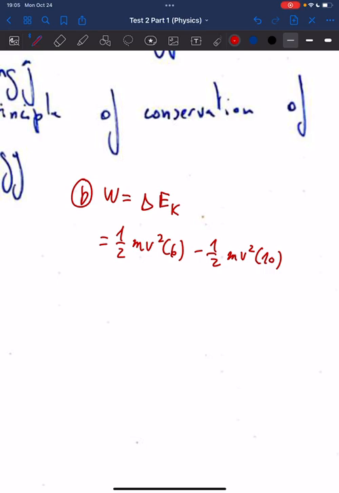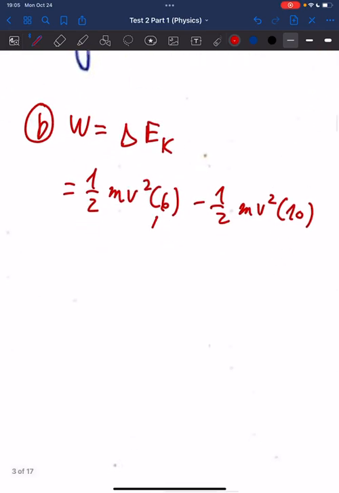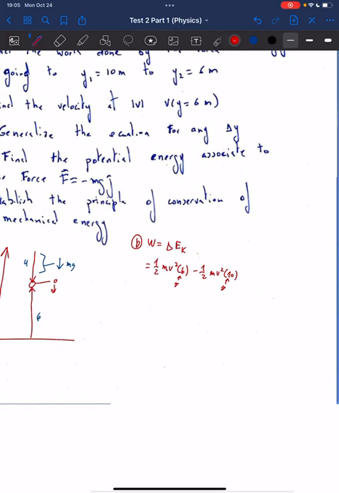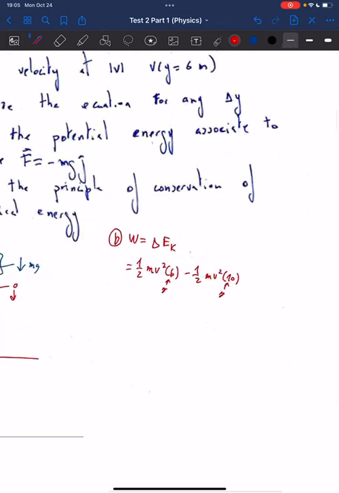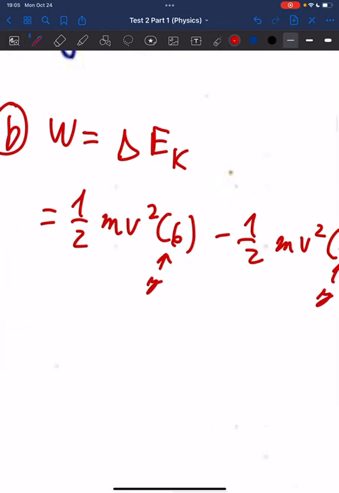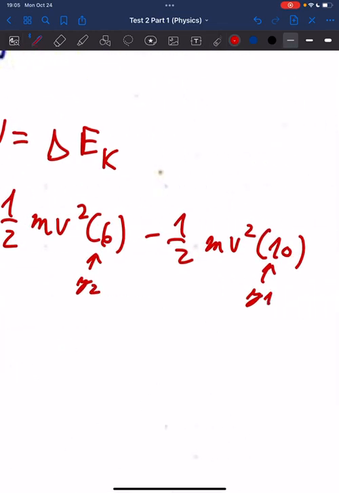Now, what we get here is, of course, this is the y. The y at 10 is the one that we got from the first example, which is y1. y2 will be this, y2 minus y1.